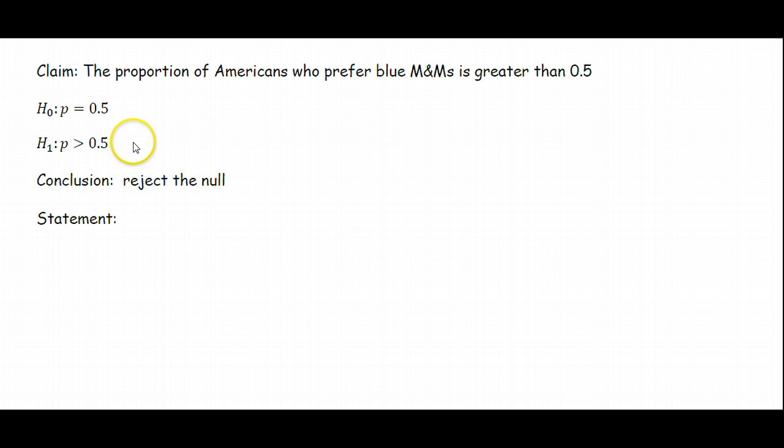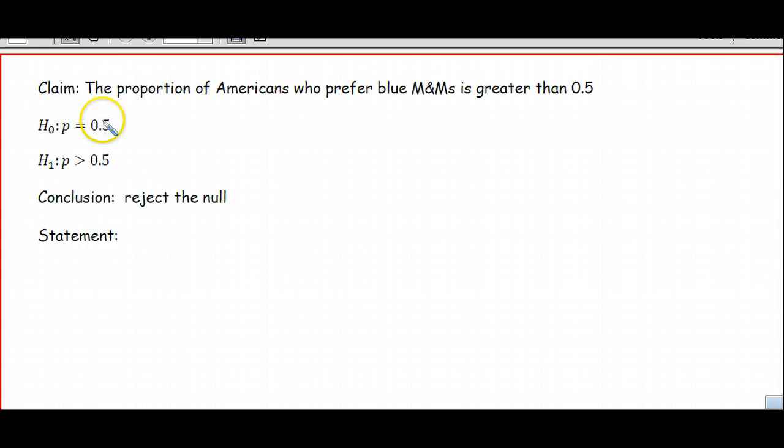Let's do the same one, greater than 0.5, and this time I said greater than 0.5, reject the null. So now I'm rejecting the null here. Can I support the alternative? Yes, we can.